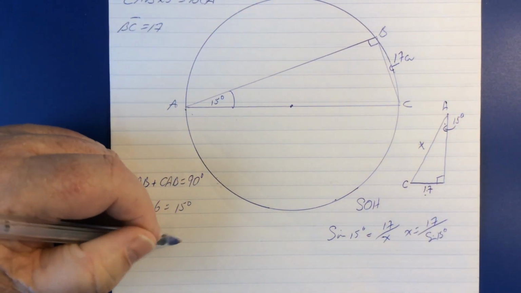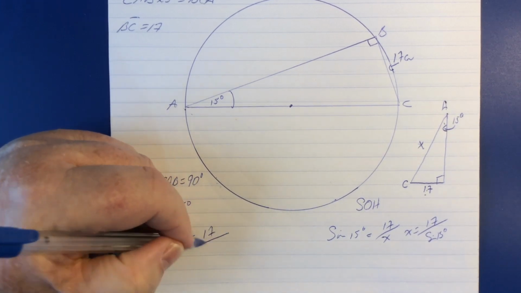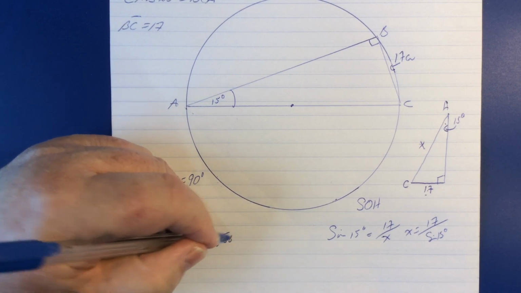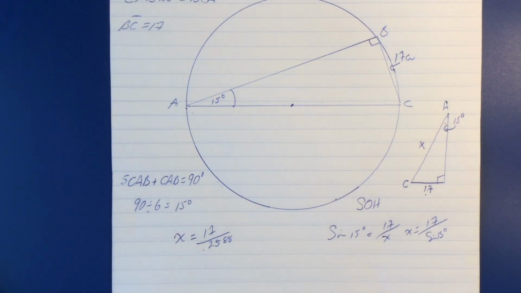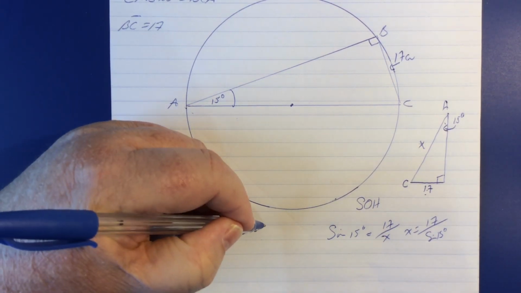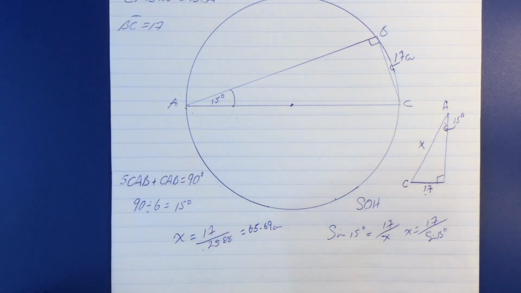Okay. So, let's do it the old-fashioned way. x is going to equal 17 divided by 0.2588. Now, I do have a calculator here, but it's this one. No sines, cosines, or tangents on that. So 17 divided by 0.2588 gives me 65.69 centimeters.